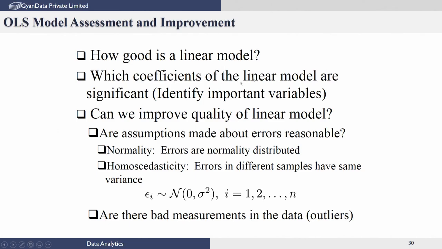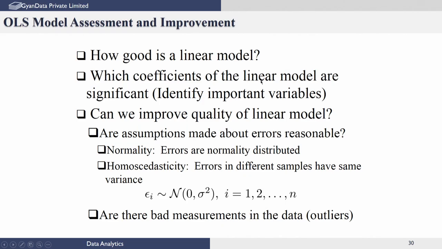Then even if you fit a model, you may want to find out which coefficients of the linear model are relevant. For example, in the one variable case that we saw, with one independent variable, the only two parameters that we are fitting are the intercept term beta naught and the slope term beta 1. So, we want to know whether we should have fitted the intercept or not, whether we should have taken it as 0.